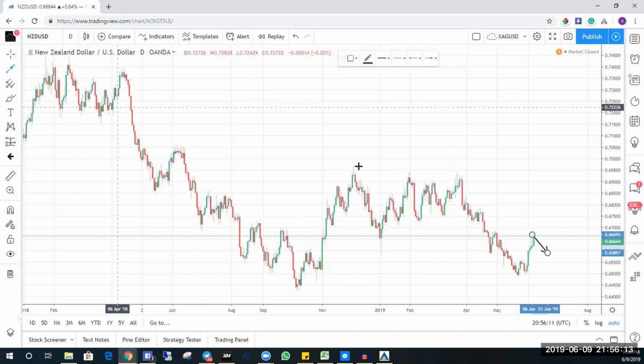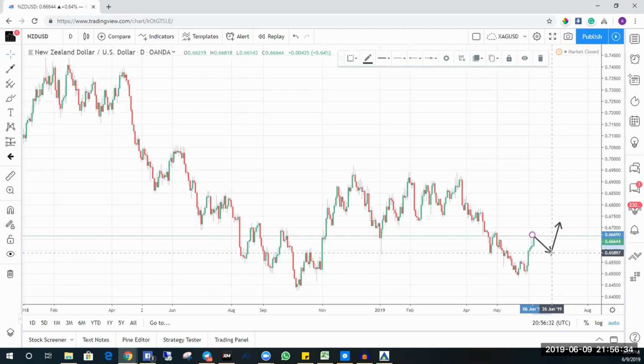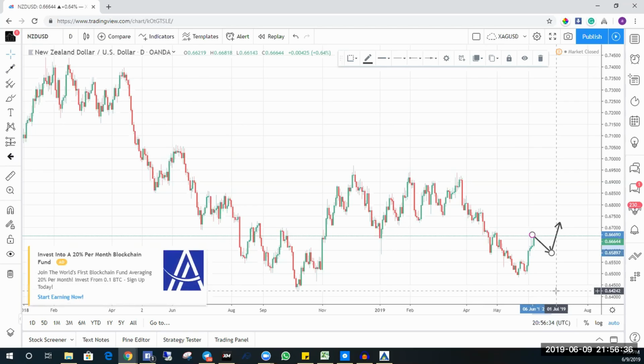But even at that, if we get a pullback down to this level, we might still get an opportunity to push higher. So this will still be in line. It's definitely mixed for the USD for the week.